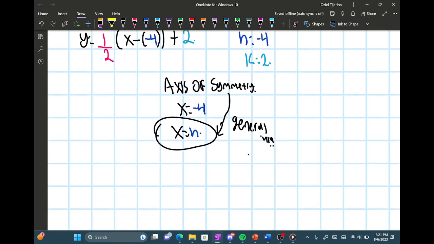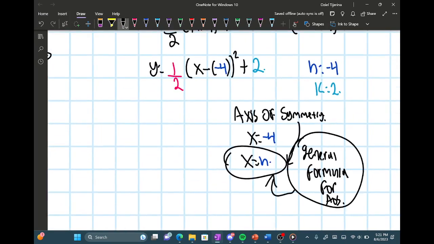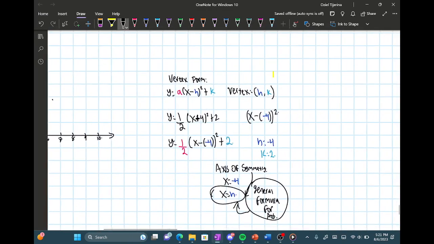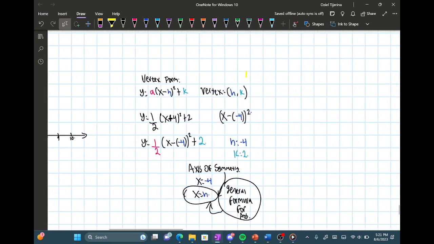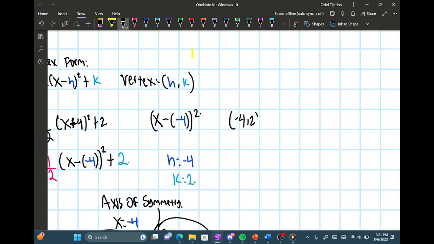Sorry for my handwriting, like always. Since our axis of symmetry is x equals negative 4, our vertex is negative 4 comma 2, because h, k is our vertex.